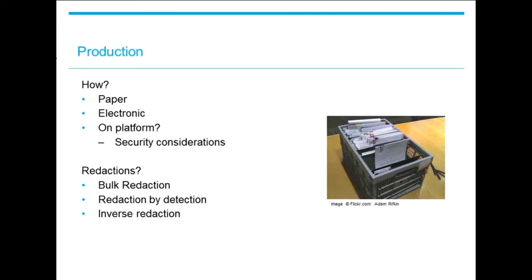There's redaction by detection, detecting specific figures for redaction, for example, sort codes or national insurance numbers. And there's also inverse redaction, which is redaction in bulk, but detecting particular parts to remove from the redaction. So for example, when they're combined with or form part of another word.